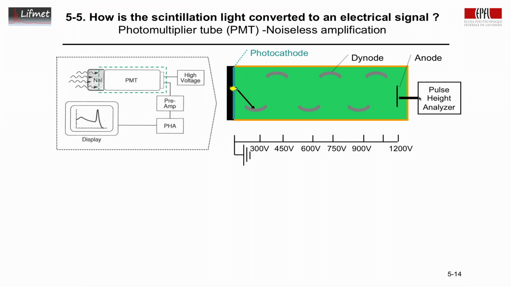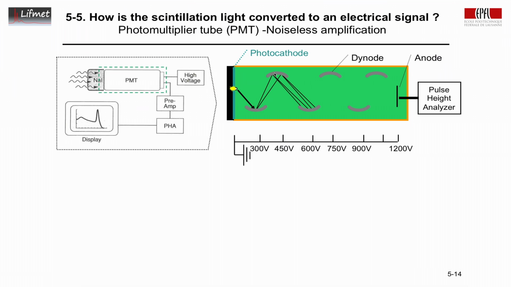So let's say we have a visible photon that impacts the photocathode. What it does in the photocathode, we won't go into the details here. It liberates one or more electrons. Let's say it liberates one electron. This electron from the cathode is accelerated towards the first anode, where it liberates again more electrons. We'll take here the example of 2. So 2 electrons, out of 1 we make 2.